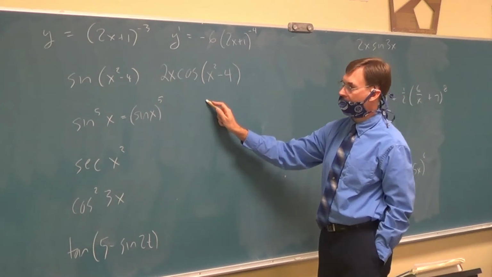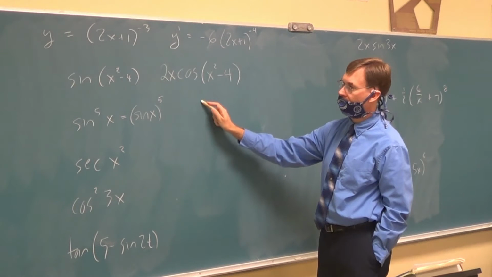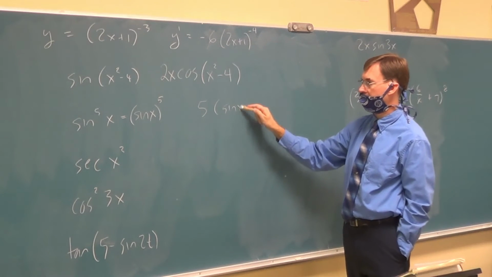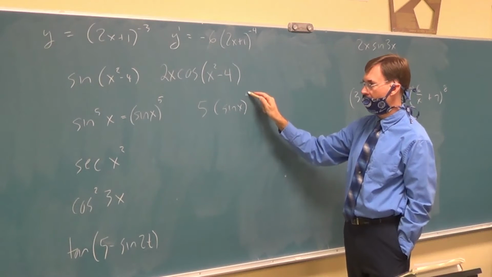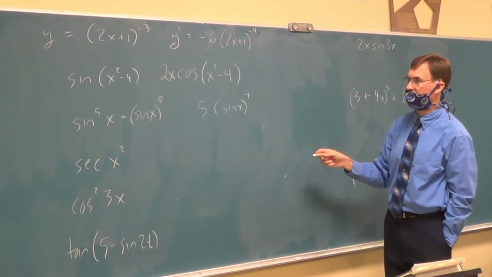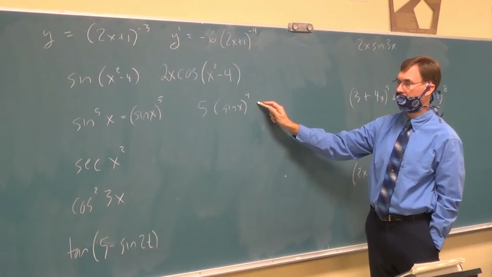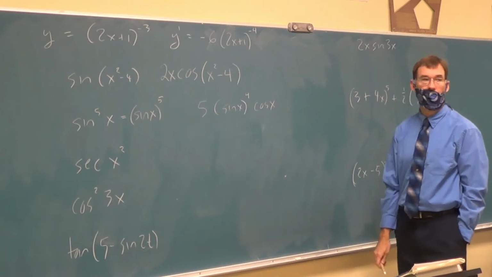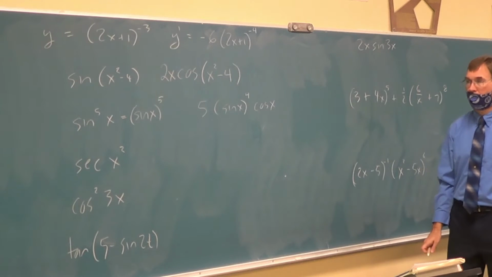So you first attack the 5, leaving the sine x, which is now to the 4, and then do another step, because it's always at least 2 steps, and then cosine x. Cosine x. Okay.